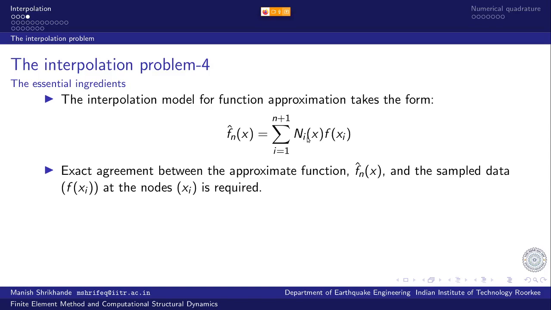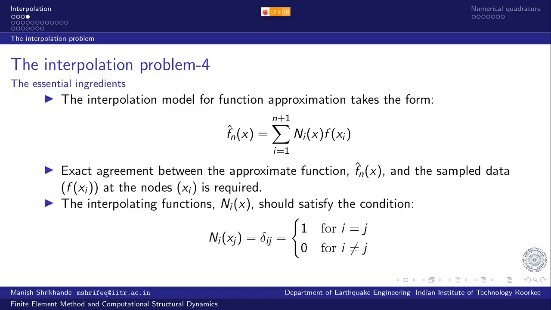So ni should not disturb anything at xj. So ni should vanish at xj for all nodes other than the ith node. If that happens, then this requirement is identically satisfied. Exact match criteria is identically satisfied.